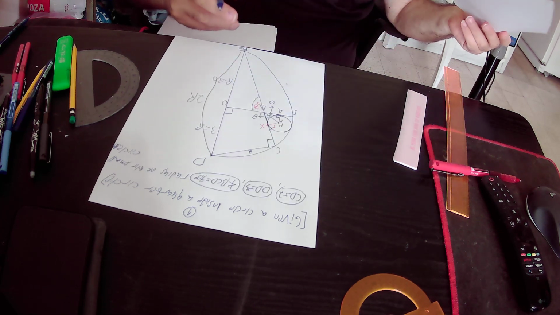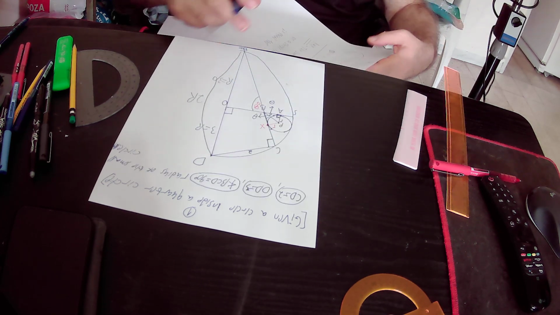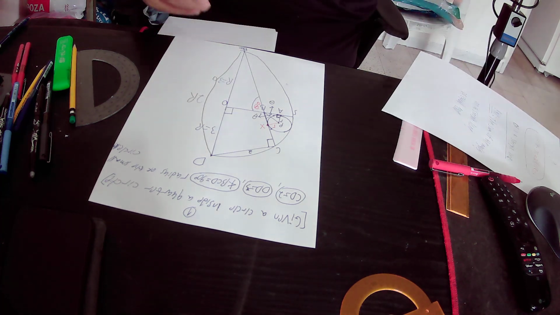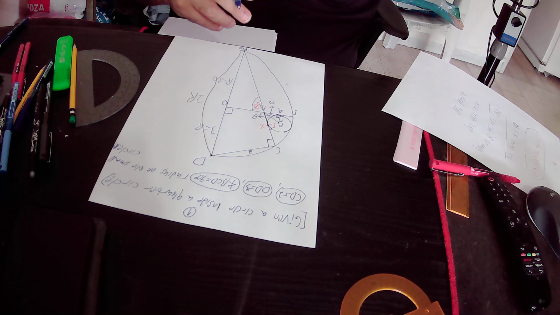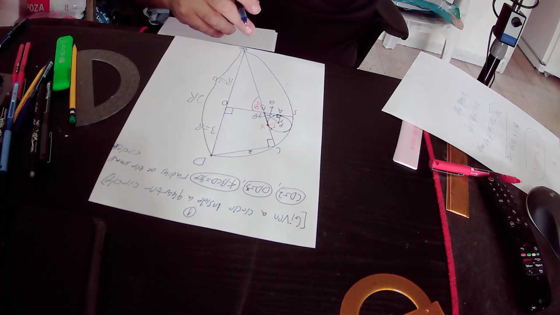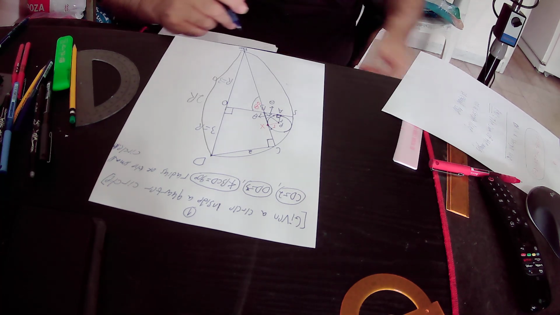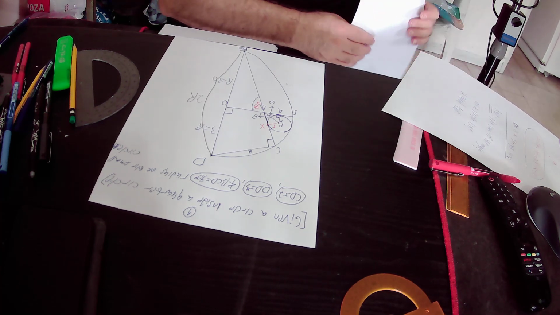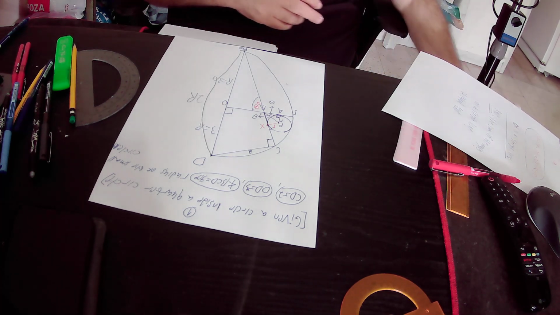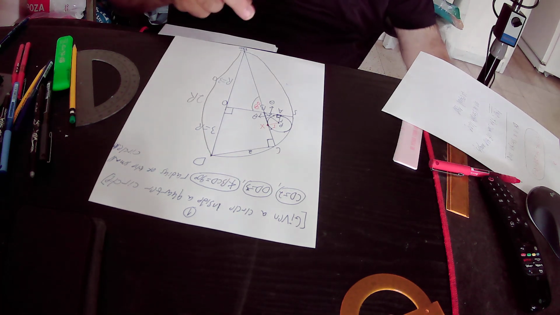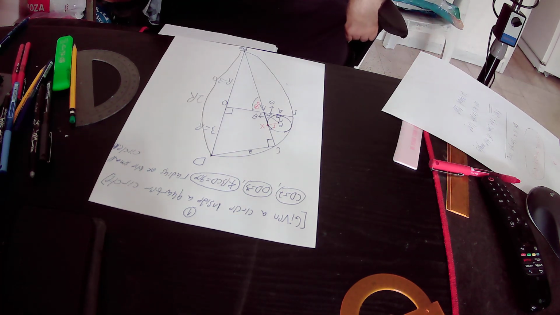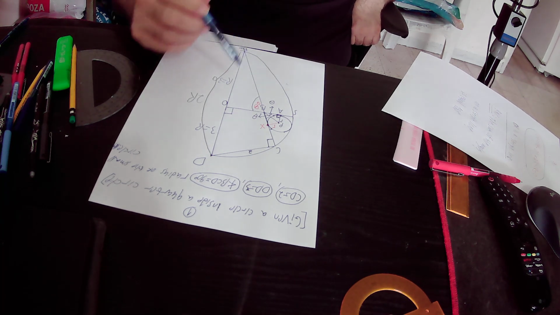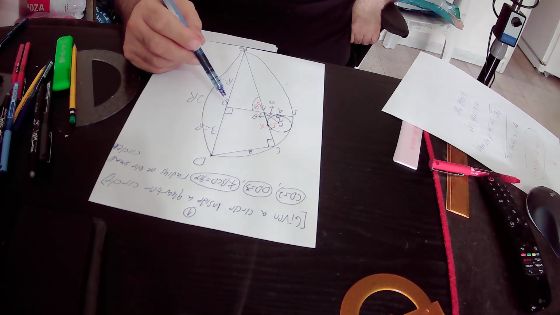So, because DE is a straight line, the sum of the angles on the straight line DE equals 180 degrees, and especially if we focus at point O on the straight line DE, the sum of the angles at point O must be equal to 180 degrees. So, what are the angles at point O?